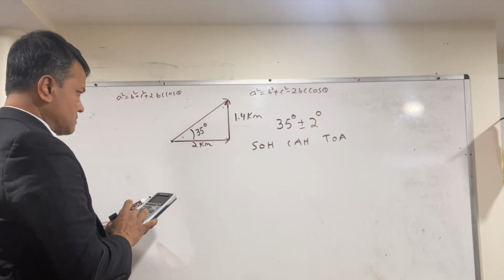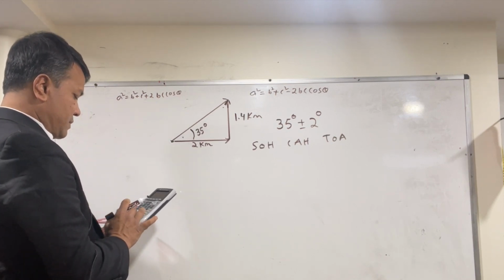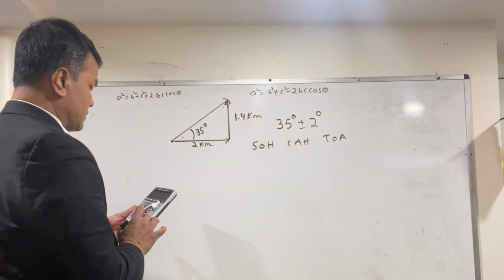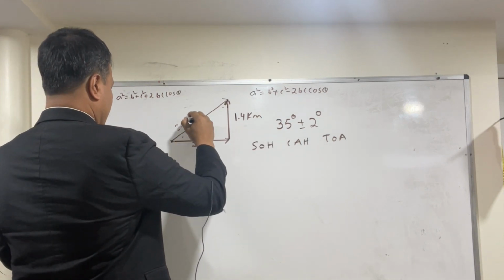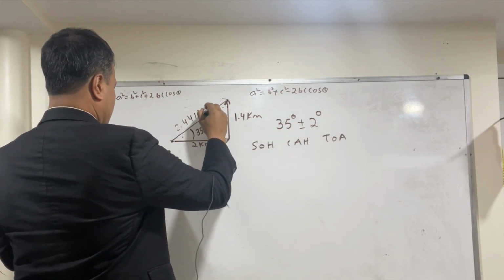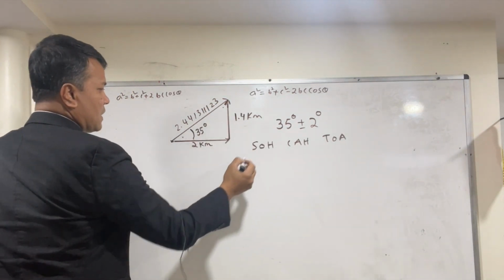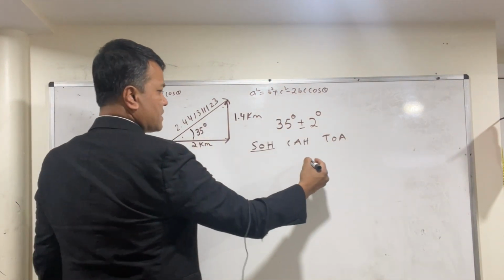And this is 2 squared plus 1.4 squared, which is equal to 2.44131123.